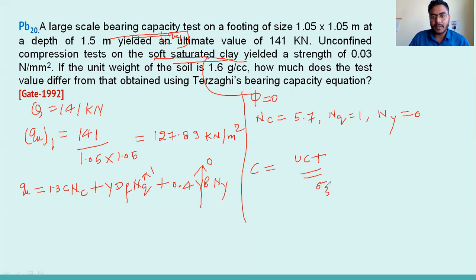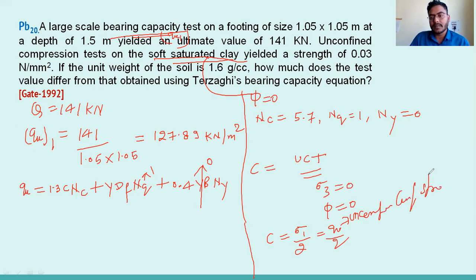In UCT, we have already discussed that sigma3 is equal to 0. So by putting sigma3 equal to 0 and phi equal to 0, we get the relation c is equal to sigma1 by 2, that is qu divided by 2. Here this qu is the unconfined compressive stress in the UCT test.